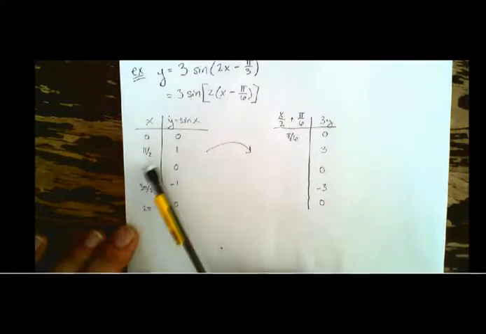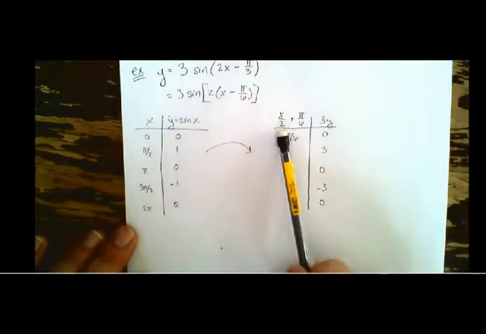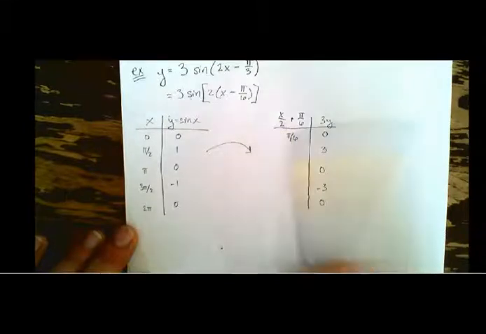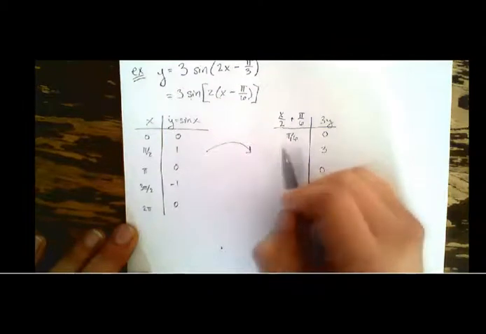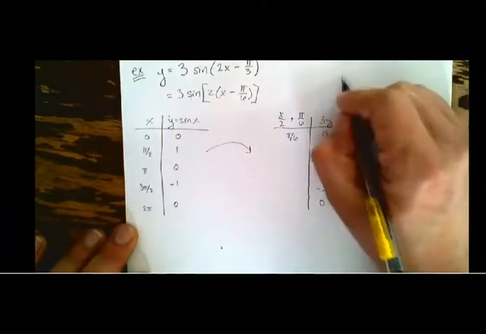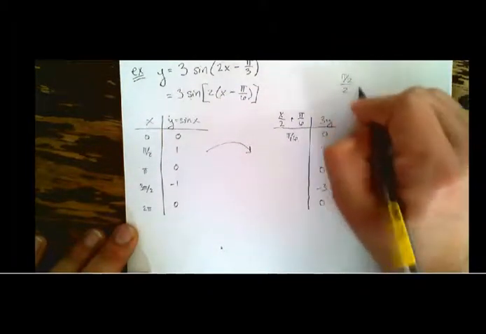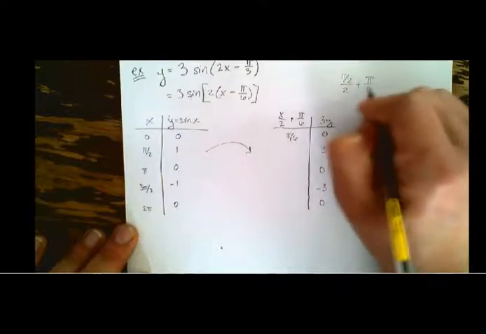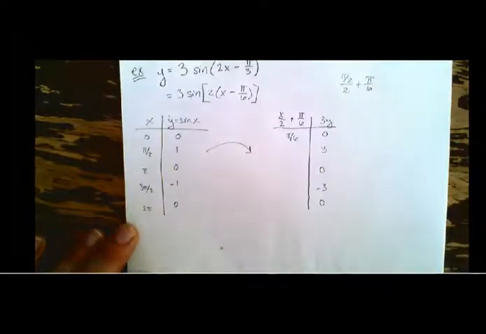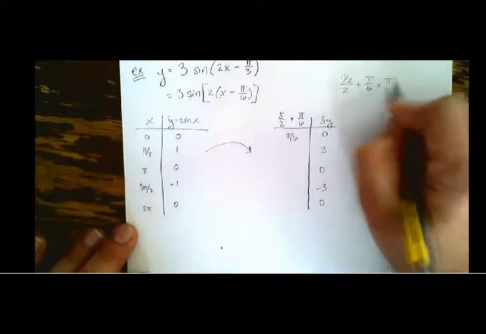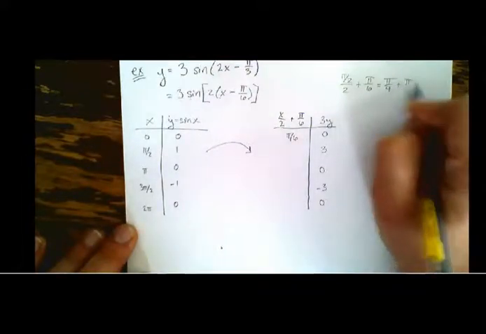Now, pi over 2 divided by 2 is pi over 4, and pi over 4 plus pi over 6. So again, for this guy right here, we're doing pi over 2 divided by 2 plus pi over 6, right? Which is pi over 4 plus pi over 6.